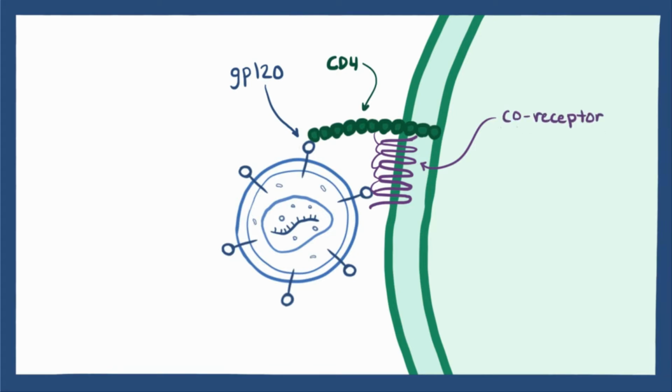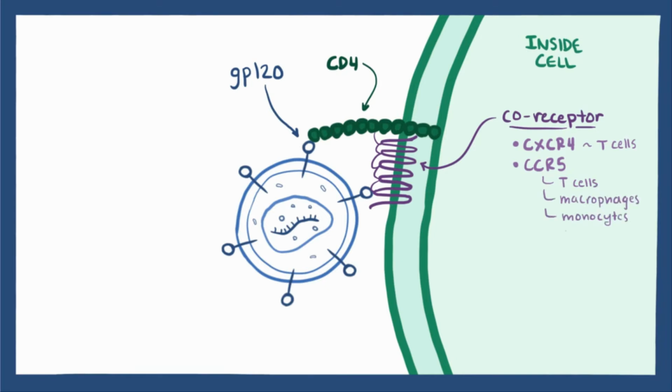HIV needs to bind to both the CD4 molecule and the co-receptor to get inside the cell. The most common co-receptors that HIV uses are the CXCR4 co-receptors, which are found mainly in T cells, or the CCR5 co-receptors, which are found on T cells, macrophages, monocytes, and dendritic cells.